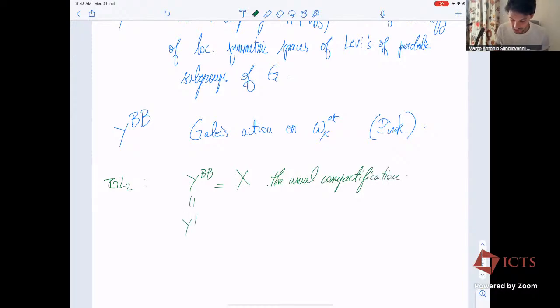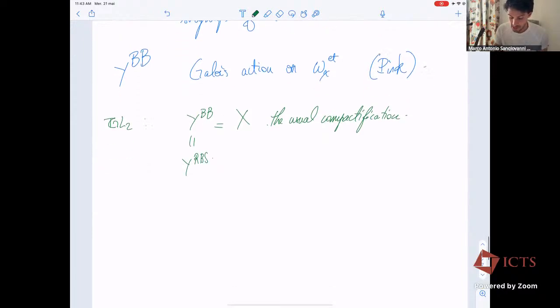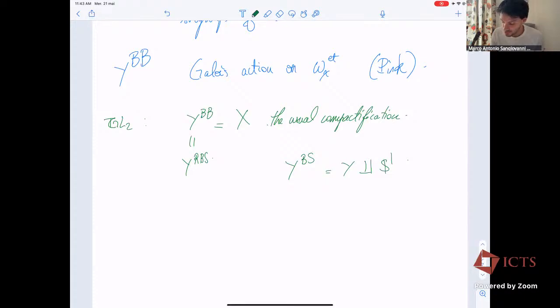But this is also the reductive Borel-Serre. And then the Borel-Serre compactification is Y disjoint union S1s, one circle for each cusp.